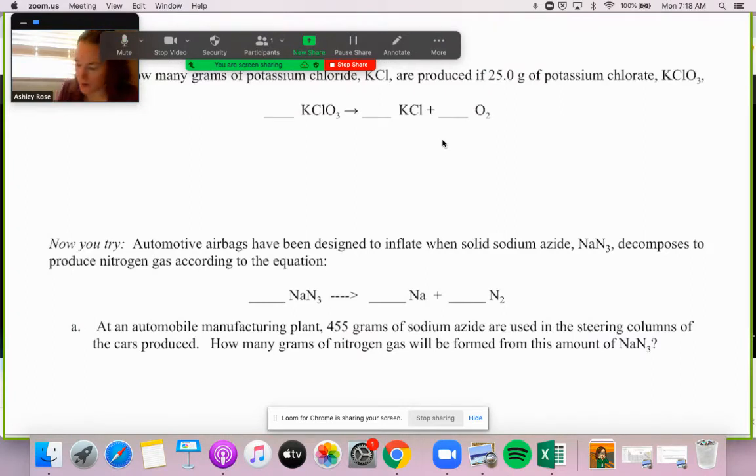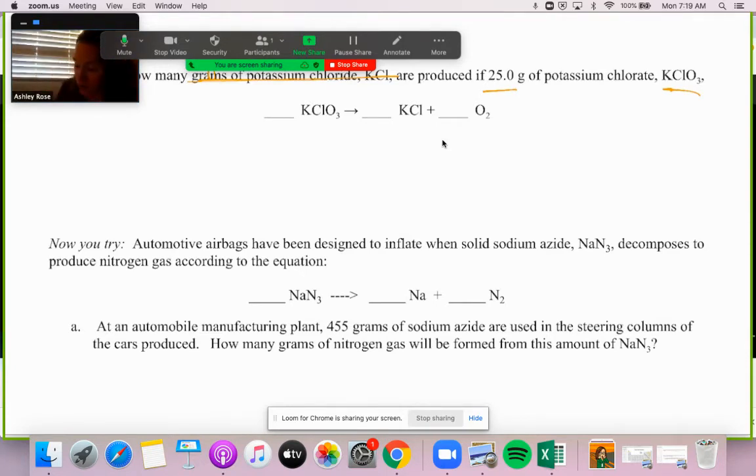All right, so here's a question on our introduction to stoichiometry sheet. It says, how many grams of potassium chloride are produced if 25 grams of potassium chlorate decomposes? So I would like to know, instead of grams of potassium chloride, let's find grams of oxygen, because that's actually more interesting to me based on the secondary reaction that happened.